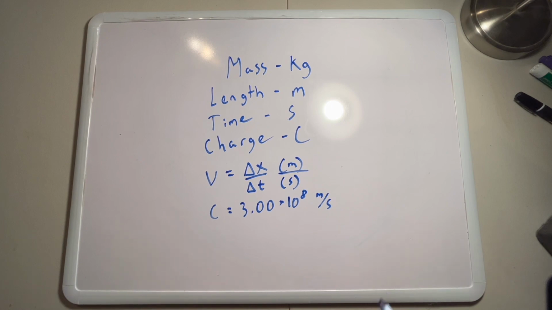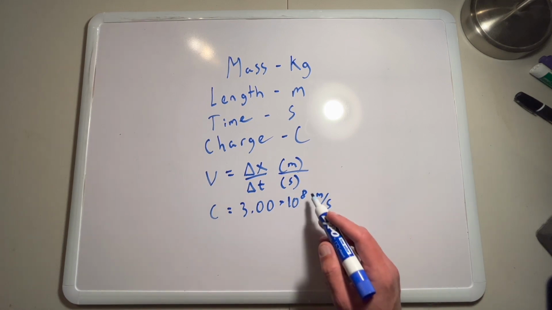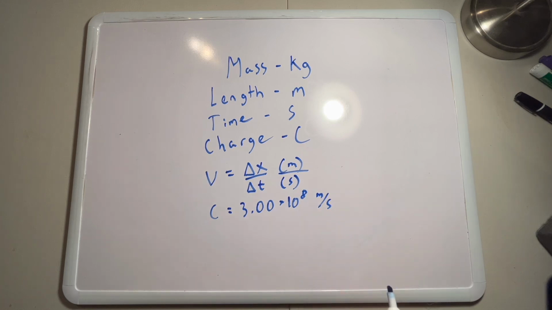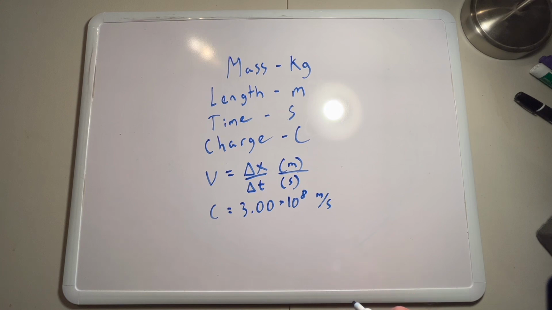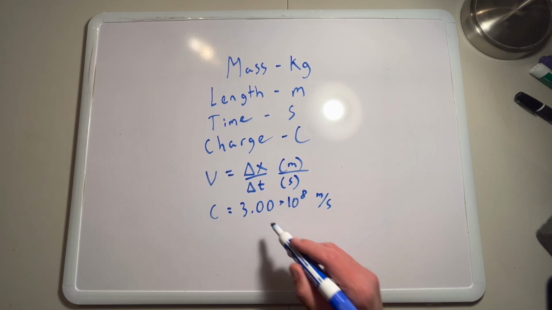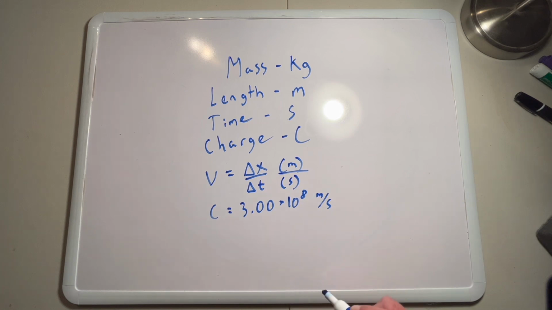Now let's talk about some of the other things we see here. For example, this times 10 to the 8. That is a power of 10 we're multiplying by. Also, in other words, you can think of that as the number of zeros after our decimal point.